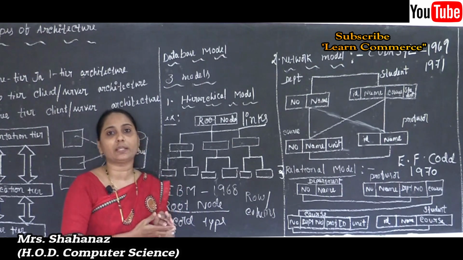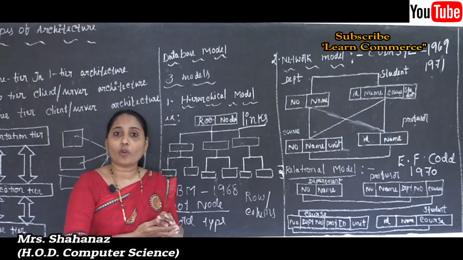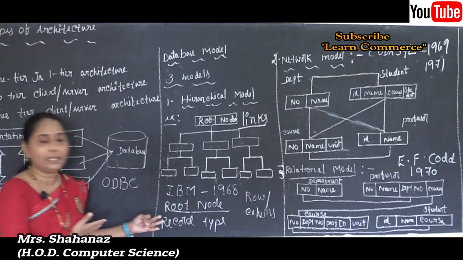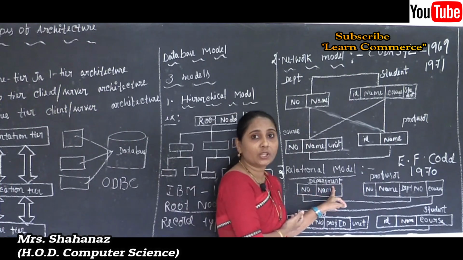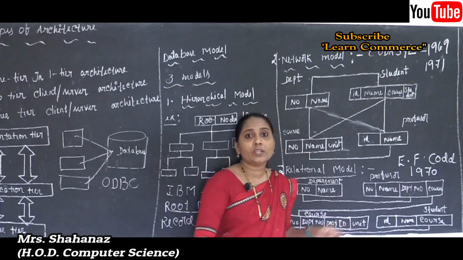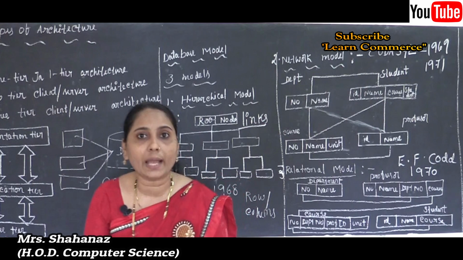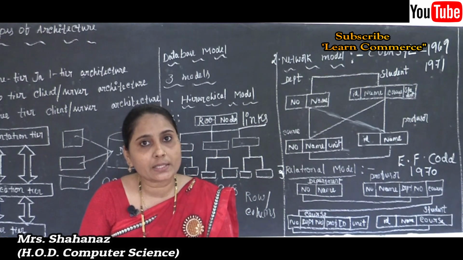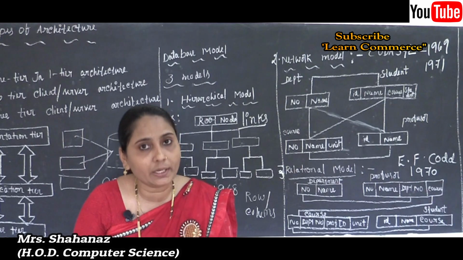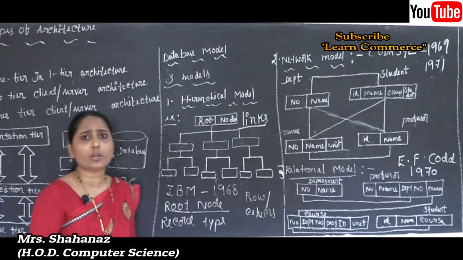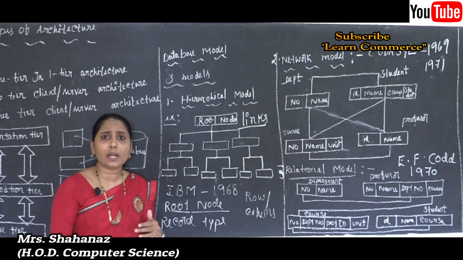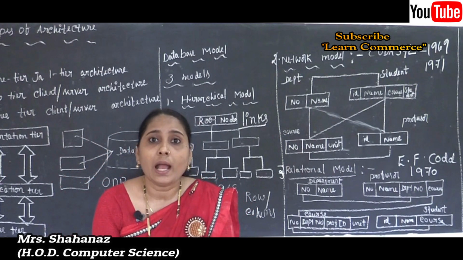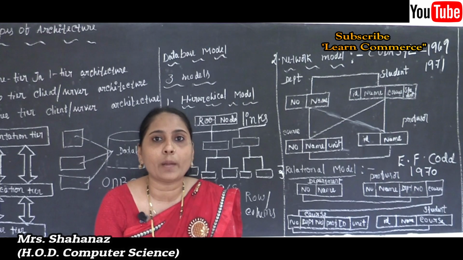Because whatever data they want to create, they are not going to use those other models; they create the data by using our relational model here. So it is much more popular in fields like education as well as industry, and also we can say much more dominant when you compare it to all these models here. And finally we can say that the relational data model has become much more programmer friendly.